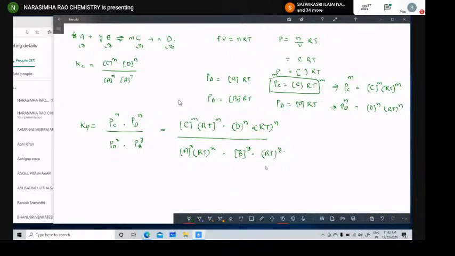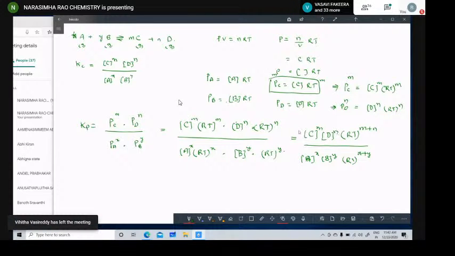It is clear, children. Now RT is common. So this equation becomes C power m into D power n into RT whole power m plus n, upon active mass of A power x, active mass of B power y, then RT whole power x plus y.